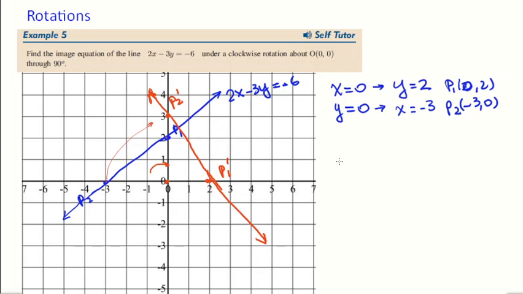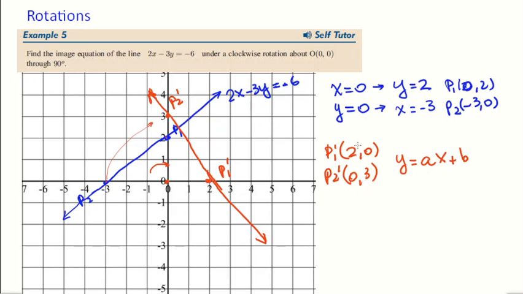Now, how can we find the equation of that line? So we know our 2 points. We know point P1 prime, where x is 2 and y is 0. And we know P2 prime, where x is 0 and y is 3. So we're going to try to arrive at some equation, y equals ax plus b, and we know 2 points.